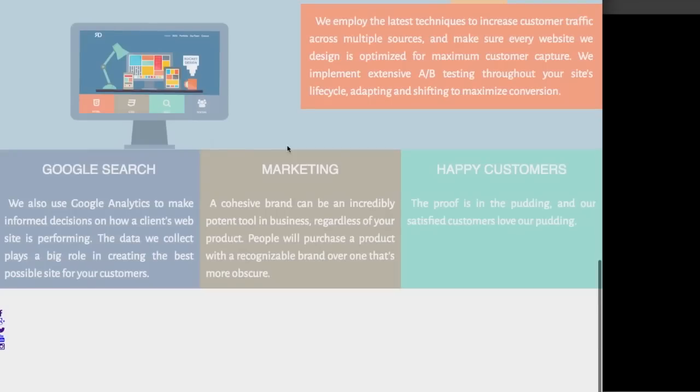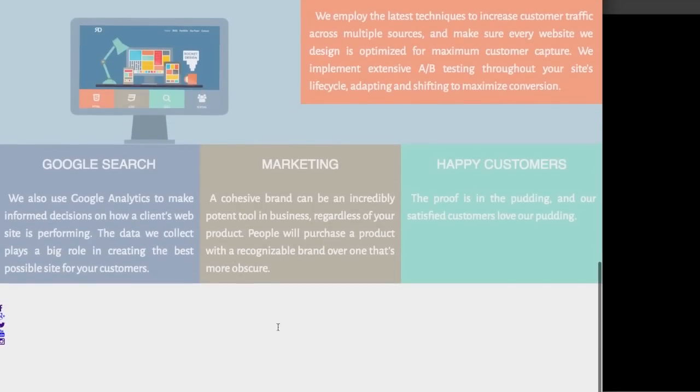Okay, so save that, and then if you go back to your web browser and refresh it, you're going to see the 3 column sections displaying with each of their colors.